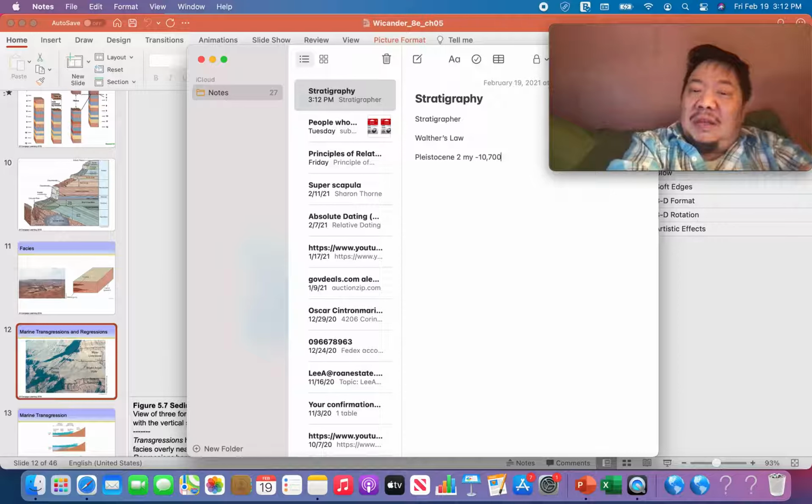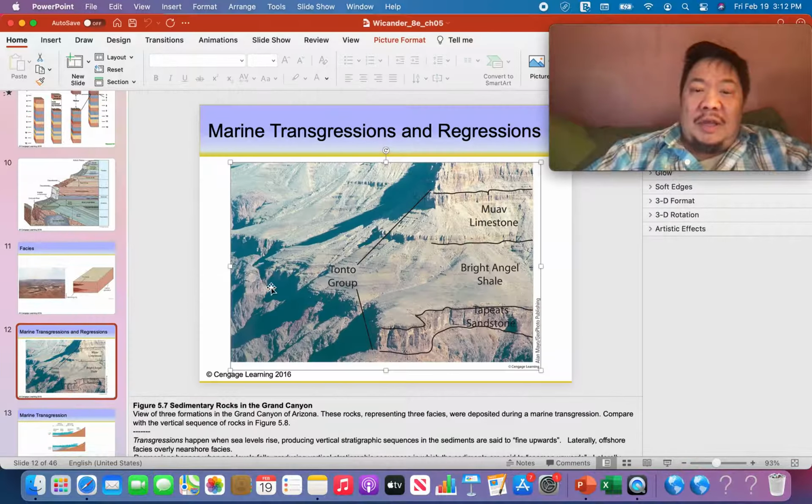During the Pleistocene epoch, otherwise known as the Ice Age, you could walk 100 miles east of New York City and still be on the land. You could walk 100 miles from Fort Sumter in South Carolina and still be on the land. That's a regression.